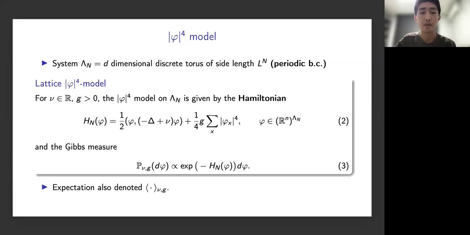Then the Gibbs measure, which is the probability measure of taking a specific spin configuration phi, is proportional to exponential minus the Hamiltonian. And you see that this Hamiltonian is not multiplied by the inverse temperature as for the Ising model. That's because beta can be absorbed into the Hamiltonian. I forgot to mention that the spin configuration can take values in n-dimensional Euclidean space.